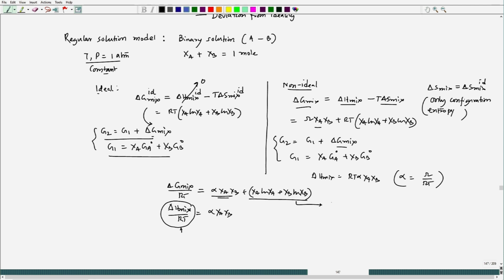So, this quantity is nothing but del S mix divided by R T with a minus sign. Fine.